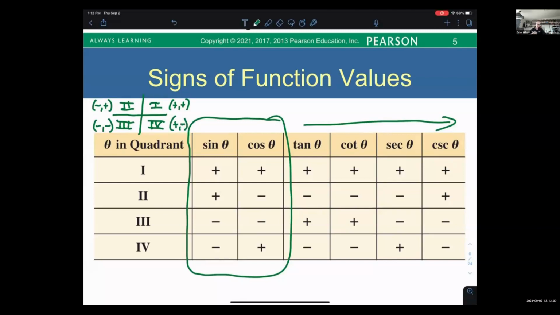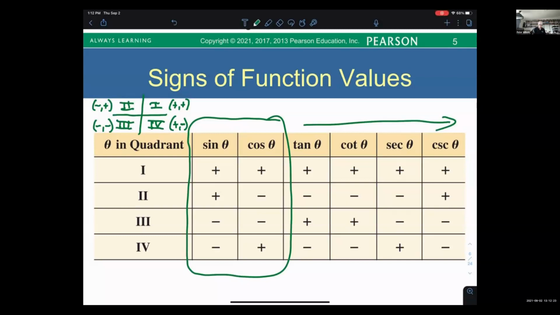So since sine and cosine are the x and y values of a point on a unit circle, if you look at which quadrant your point is in based on the theta value, then you can immediately see whether the sine or cosine would have a positive or negative result.